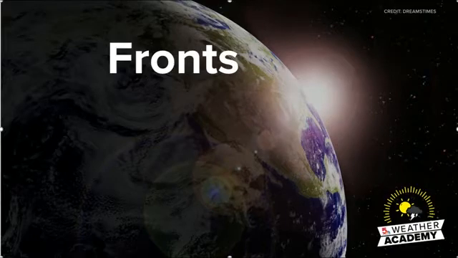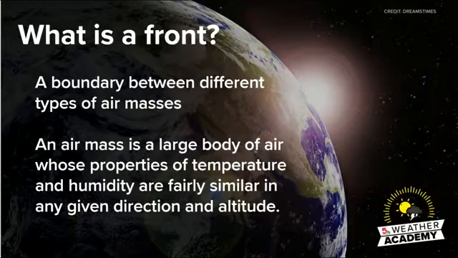All right, so we're talking about fronts today. So, what is a front? We get a lot of weather because of fronts. A front is a boundary between different types of air masses. Last week we talked about those air masses, and we're going to review them here in just a minute. So, what is an air mass? It's a large body of air whose properties of temperature and humidity are fairly similar in any given direction and altitude.